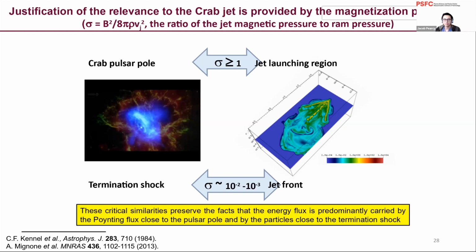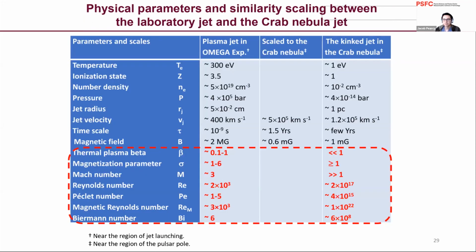And then the figures here on the left is that X-ray image again, and on the right is a simulation of this experiment. And this table here is just showing some of the same kind of things that were in the previous collisionless shock experiment.